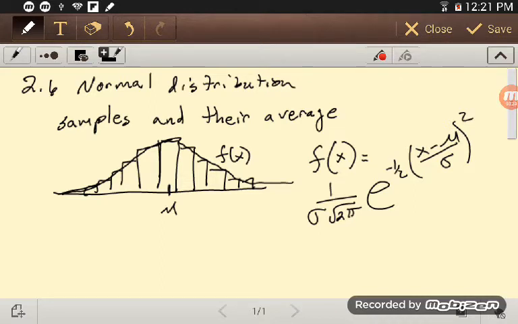Actually, I need to be a little careful there. That's sigma. In the case of our sampling distributions, it would be the standard error, which is a standard deviation, but it's the standard deviation of the sampling distribution. So I'll call that sigma standard error.